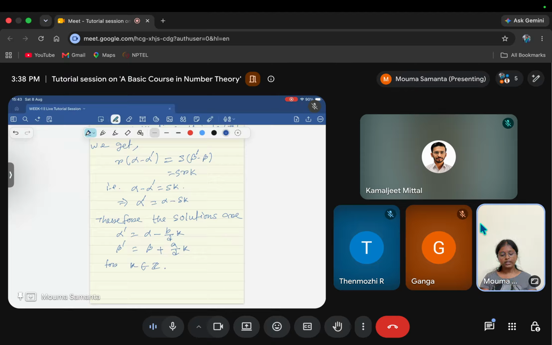So what we did, we first took alpha beta such that d has the expression a alpha plus b beta. Then we considered alpha prime beta prime as some other solution of that d, and we can say that alpha prime and beta prime will have this form where k is some integer.